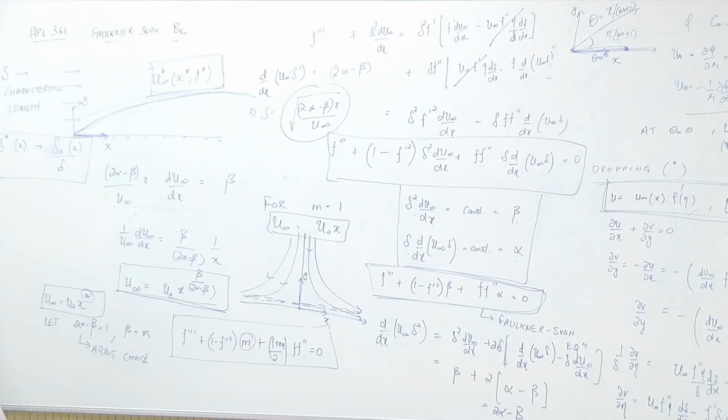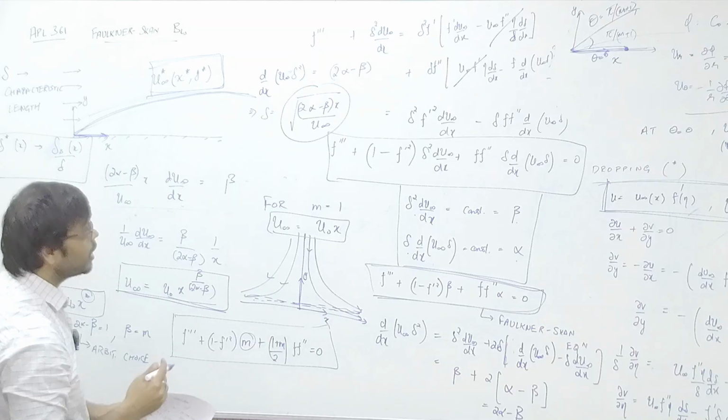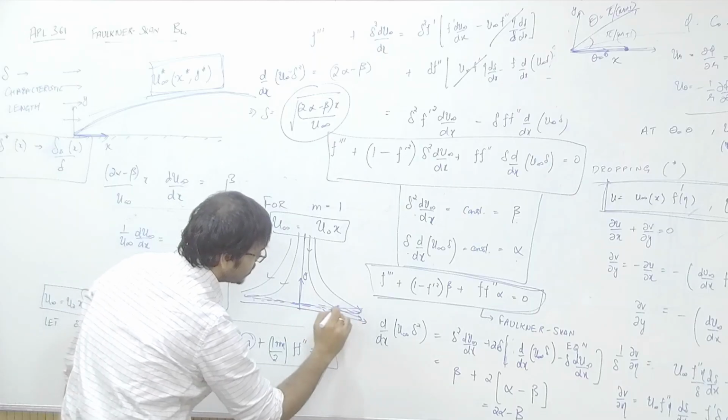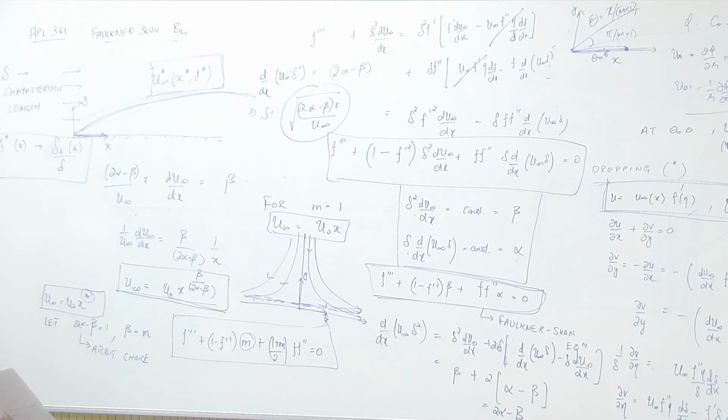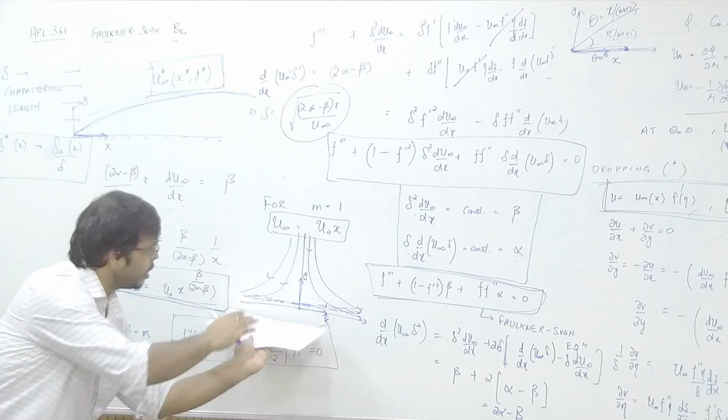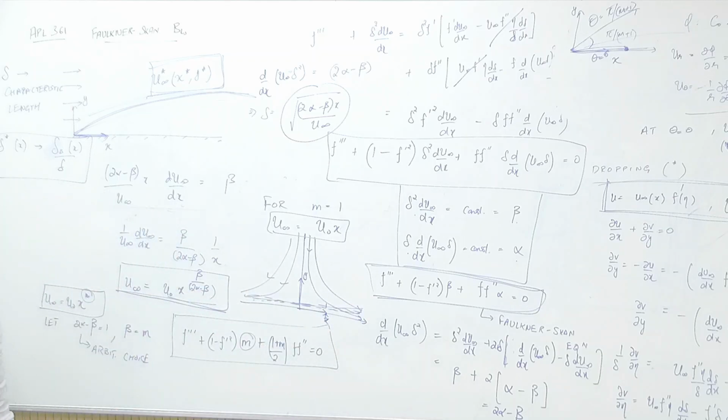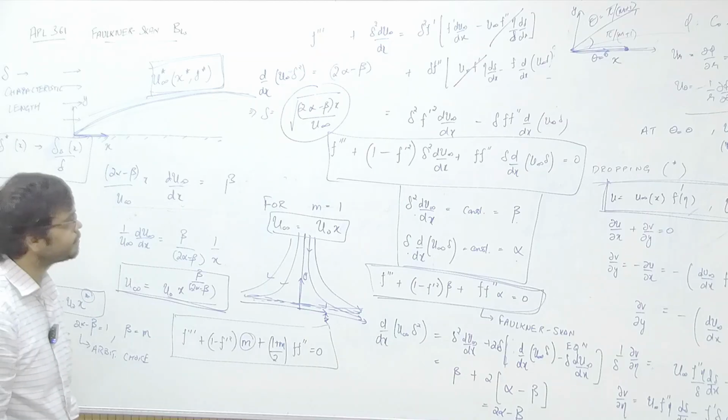It's constant. So, this boundary layer does not grow for m equals 1. There is a constant boundary layer that you will see at this wall.